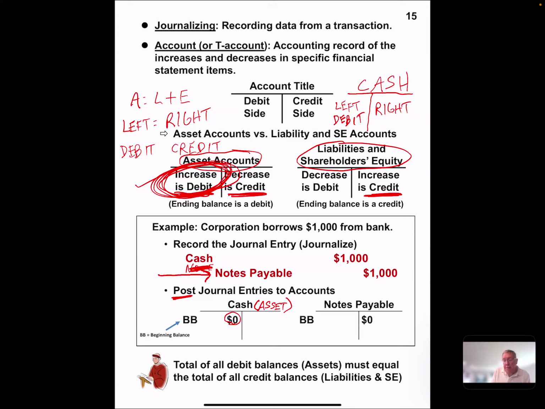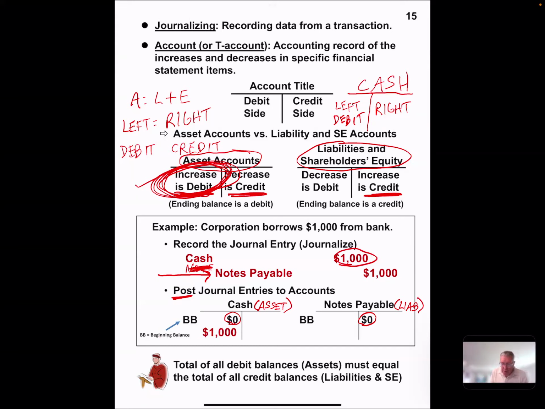Notes payable is a liability. Okay. And liabilities, they're on the right-hand side of the equation. The right-hand side of the account is the credit side, which means the normal balance is a credit balance. That's why its beginning balance naturally is on the credit side of the account. So to copy this $1,000, that was a debit to cash.